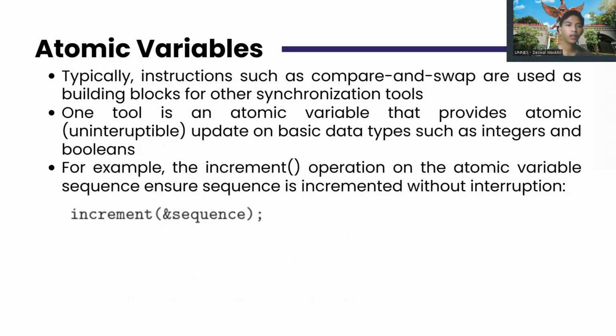Okay, the last one is atomic variables. Typically, instructions such as compare and swap are used as building blocks for other synchronization tools. One tool is an atomic variable that provides atomic, uninterruptible updates on basic data types such as integers and booleans.